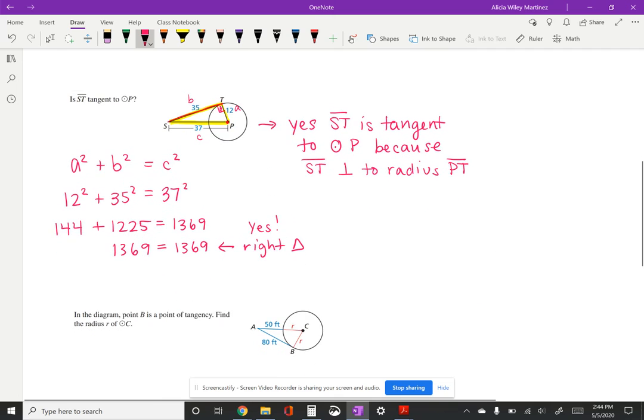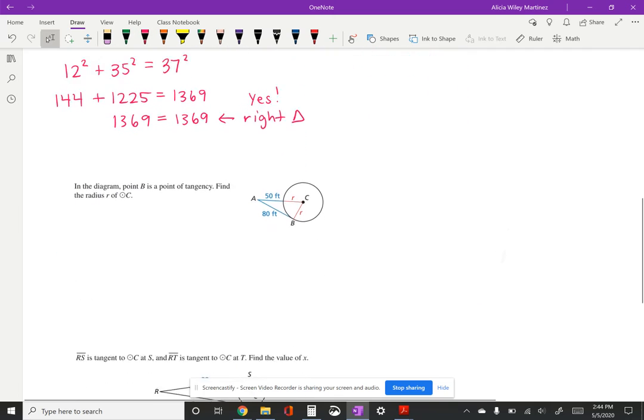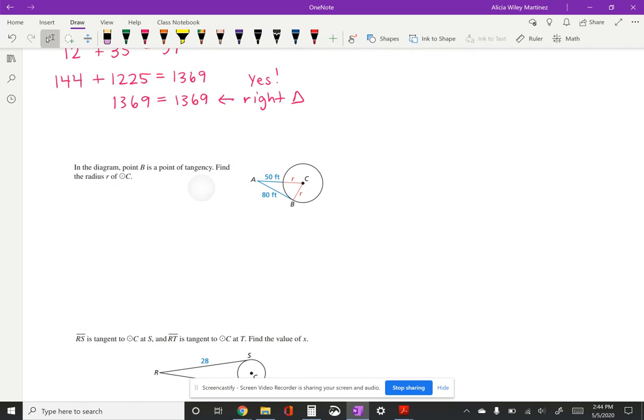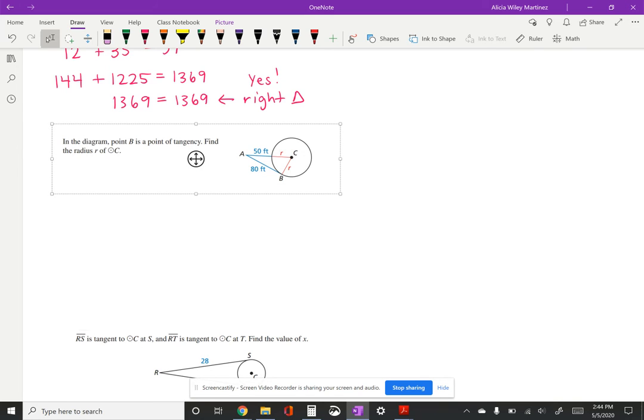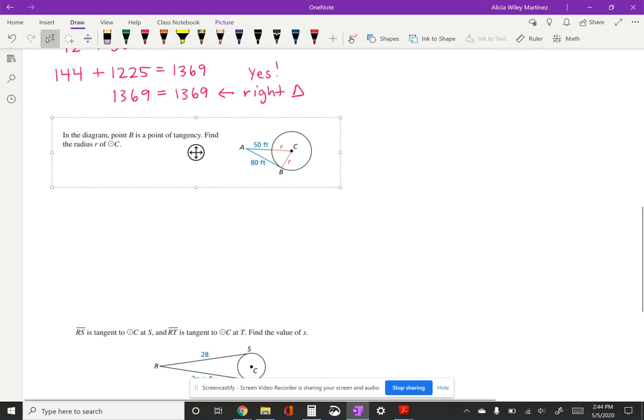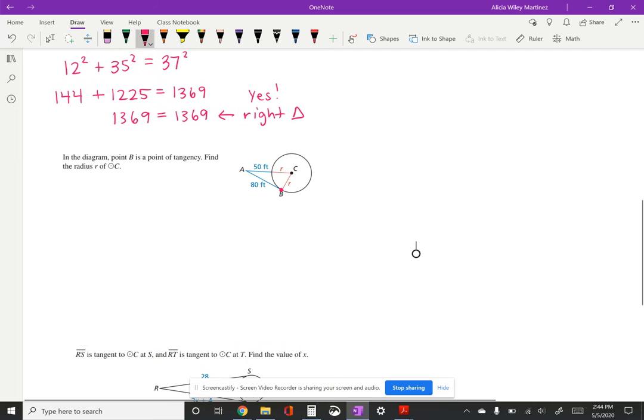Another problem that we can use this theorem on is problem number 2. In problem number 2, it says in the diagram, point B is a point of tangency. Find the radius R of circle C. So it's telling us that B is a point of tangency.